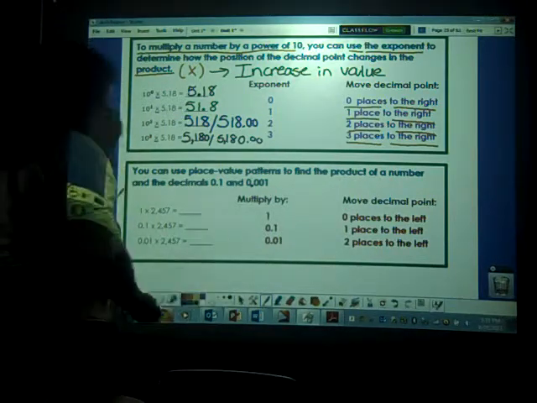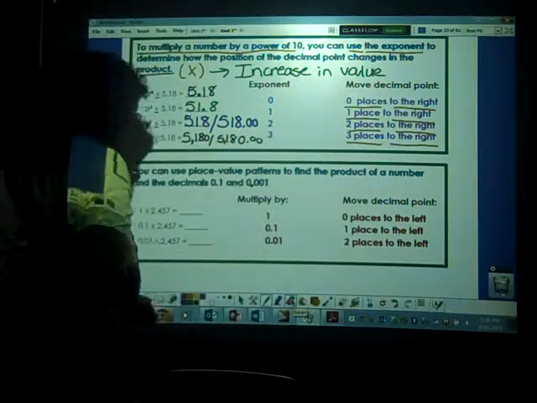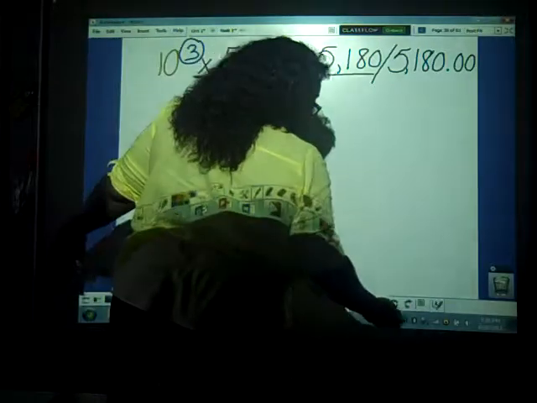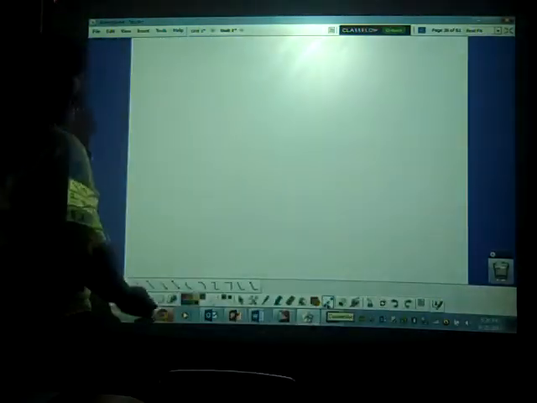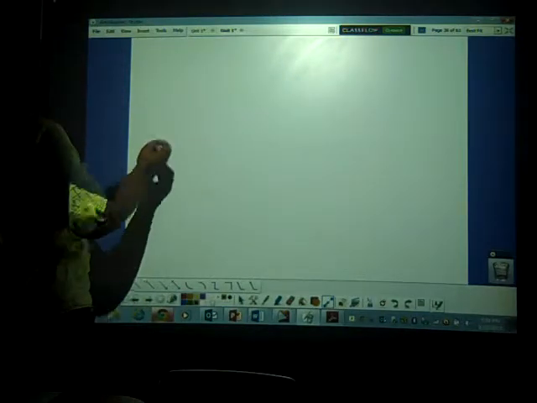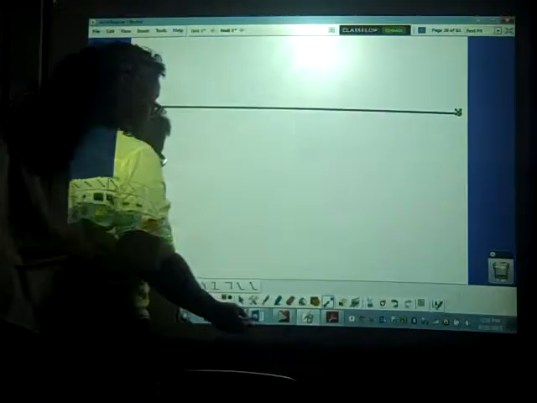And this is another good example that I've used in the past. Think about a number line.